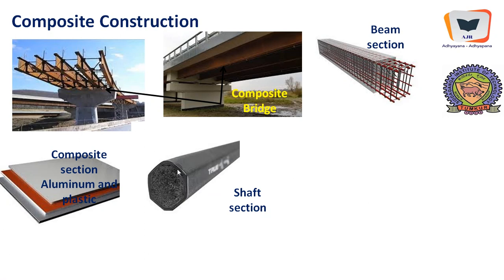Here again there is a composite section made out of aluminum and plastic, and here is a shaft section, and here in the core we will see the material which is a little weak in shear, while the edge forms a very strong material for shear.